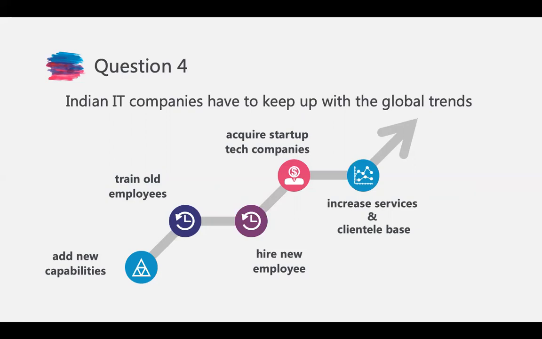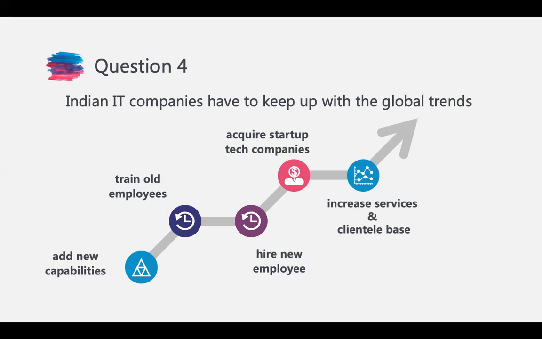However, the IT industry is changing drastically, which means that Wipro, Infosys, TCS are facing threats, but they are also presented with opportunities. These Indian IT companies have to keep up with the trends of the industry if they do not want to become obsolete.